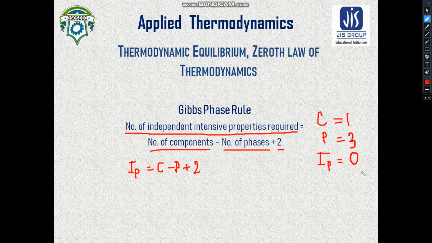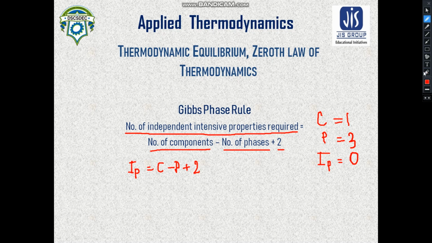That means water, that is liquid, ice, that is solid, and vapor or gas, are coexisting. At the triple point, you don't require any other property to calculate all the other properties, because it is already predefined. This triple point is a specific case, a predefined state.